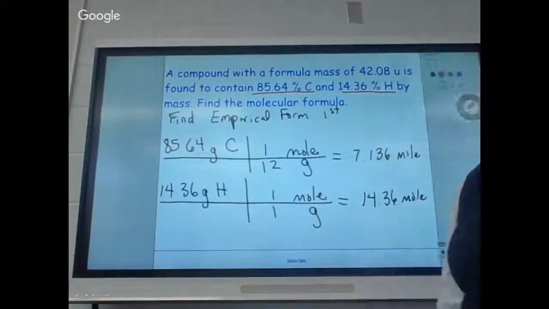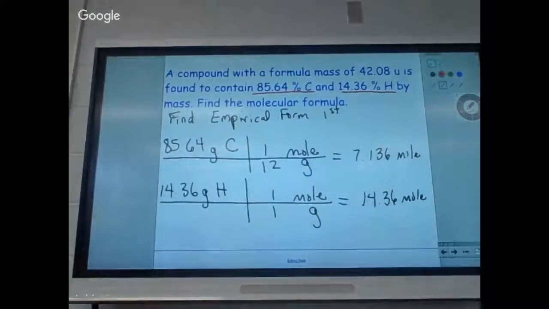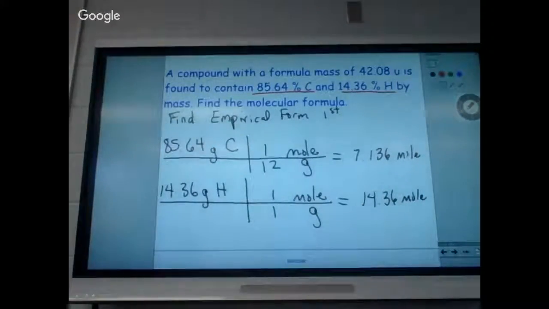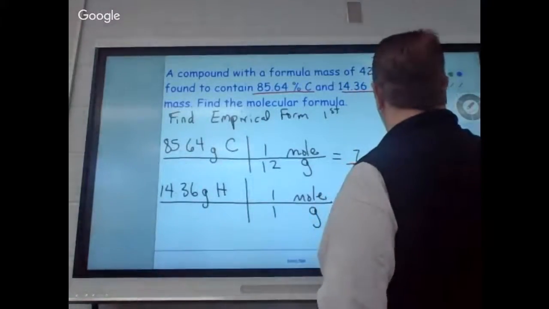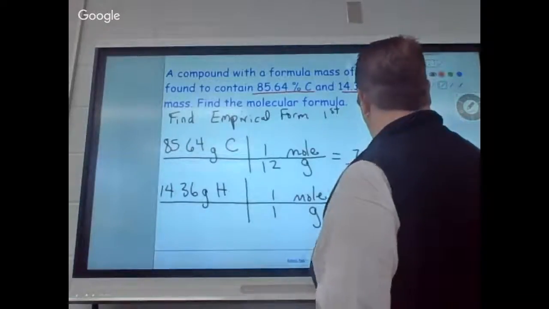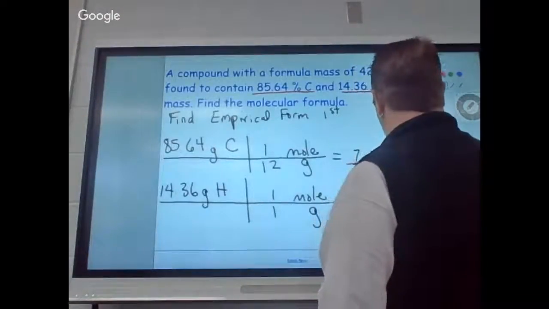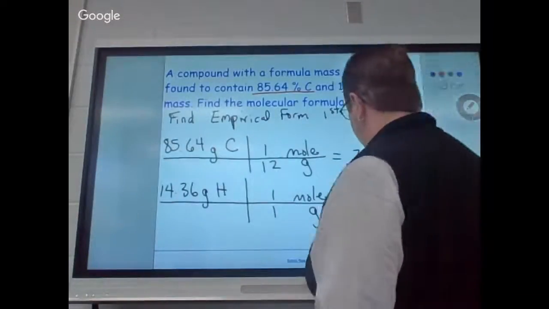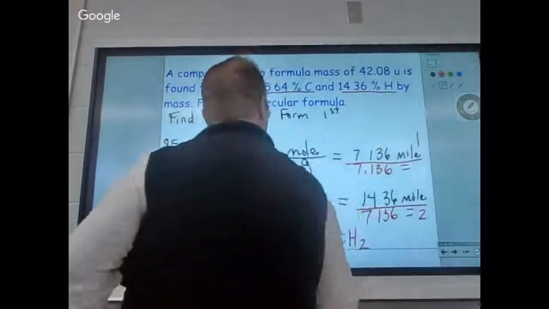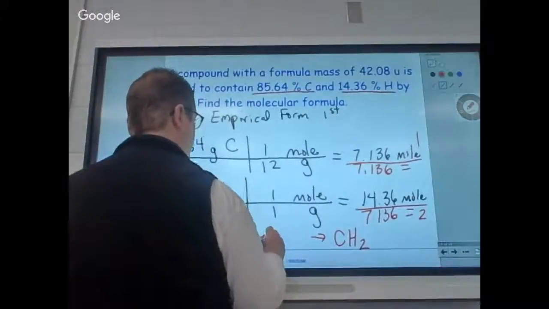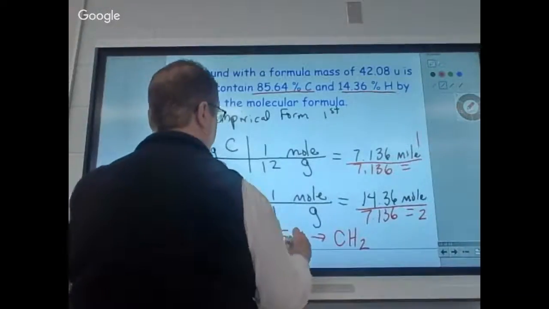All right. So once we have our moles, what did we do after the moles? Divide everything by the smallest, which is 7. Good. So it's going to be 1 and 2. Okay. So that's CH2, the empirical formula.